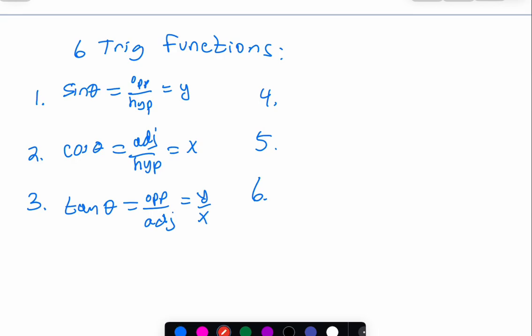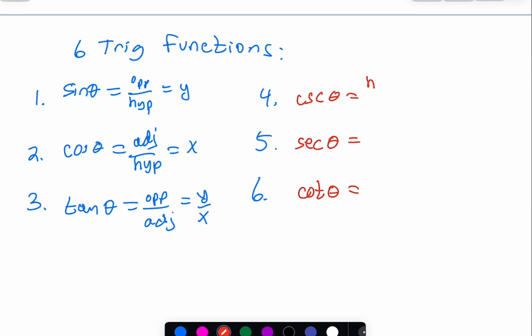So that's what you need to have memorized about the sine, the cosine, and the tangent. Now, I will keep them in this exact order because I want you to always get in the habit of relating them in this order, so then you always kind of feel that they're going to go together. So that's why I have put cosecant, secant, and cotangent the way that I have, because I want you to memorize that they go together.